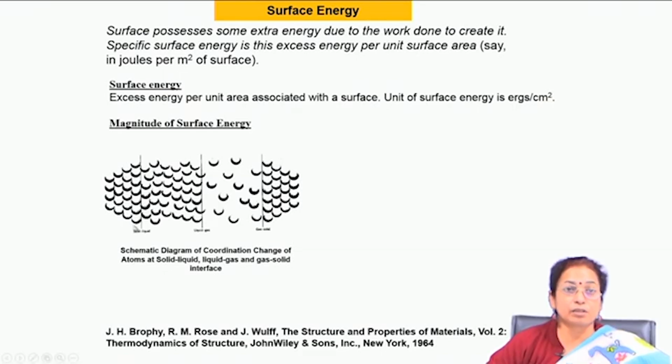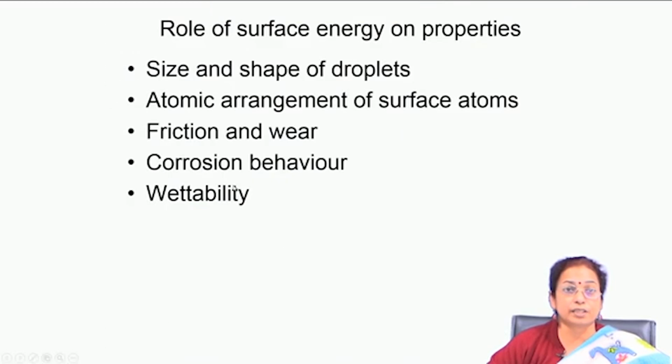If it is an FCC metal and you create the surface along one plane, it has a coordination number of 9, and if you would like to create the solid gas interface, then you have to break 3 bonds to create the surface between the solid and gaseous species. So, depending on the number of bonds you are breaking, the surface energy also varies.